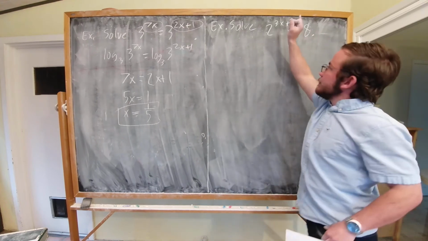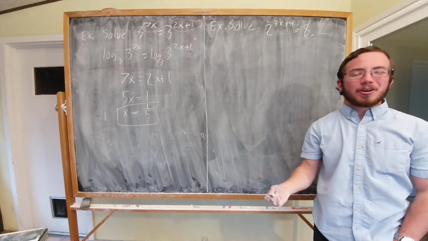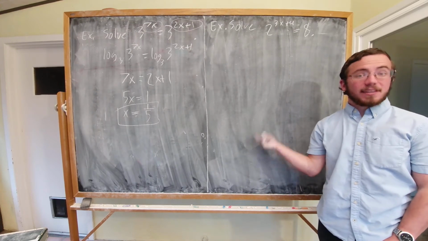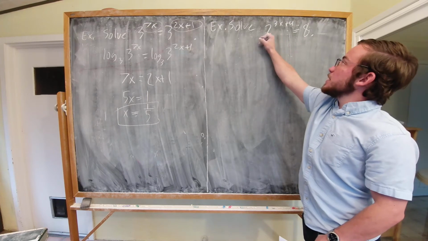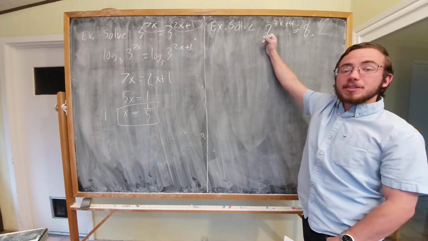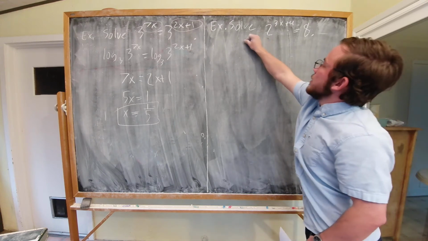Again, we have an exponential function on this side. Maybe not great for us. How do we fix it? We'll take a logarithm. The logarithm we should choose, in this case, because we're working with a base 2 exponential function, we should choose the base 2 logarithm.